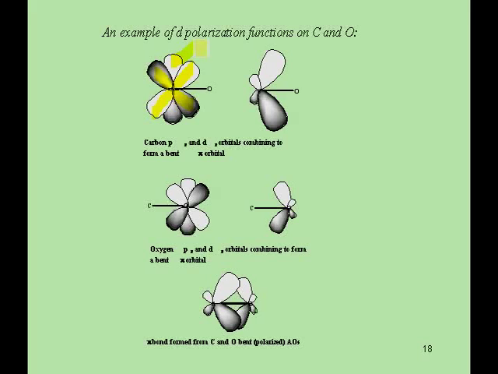If I let the LCAO-MO process take a little bit of the p pi and mix in some of this d pi, I get this bent over orbital that's here on the right. It's sort of a pi orbital on the carbon, but slightly distorted that way.